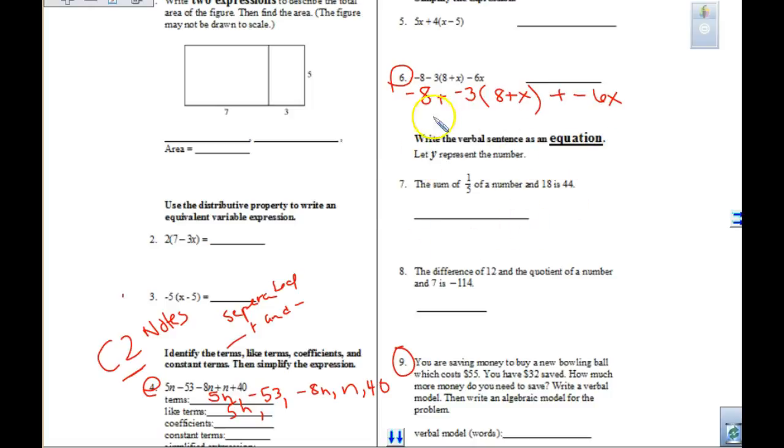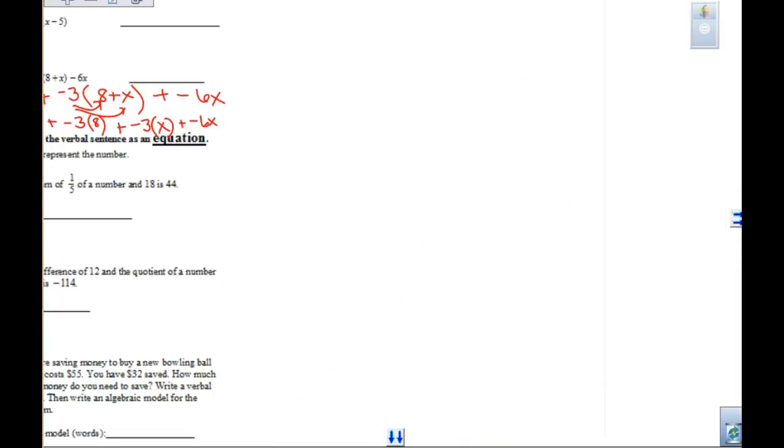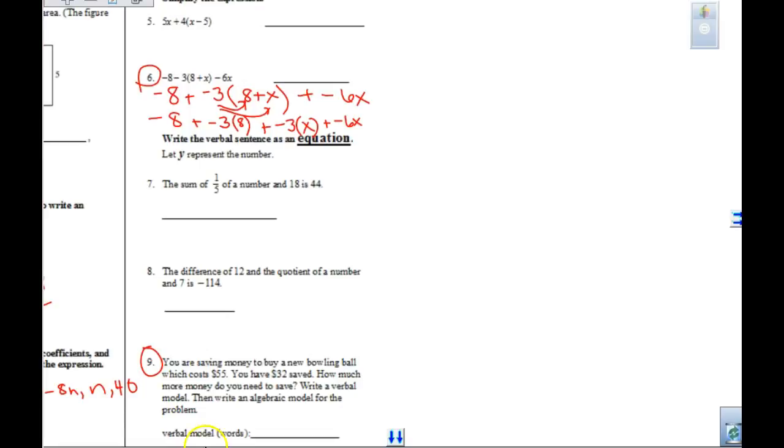If I am looking at that, I am going to be distributing here, right? And on the quiz, it'll be like the whole back of the page, just like this. So if there isn't enough room here, I have negative 8 plus, I'm taking negative 3 times 8. Plus, I'm taking negative 3 times x. Plus negative 6x. So if I am writing this out, I want to show my terms exactly in the order.